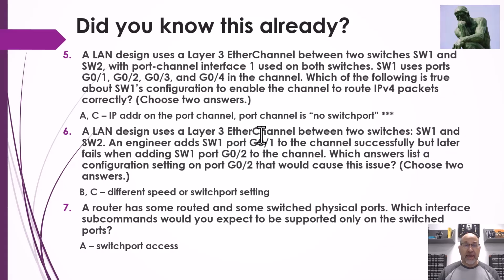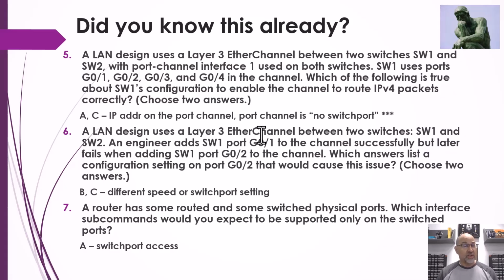Question number 6, a LAN design uses a layer 3 EtherChannel between two switches. Okay, same idea, switch 1 and switch 2. An engineer adds switch 1's gig port to the channel successfully, but later fails when trying to do the same thing with 0/2. Which answers list a configuration setting on port G0/2 that will cause the issue? Choose 2.